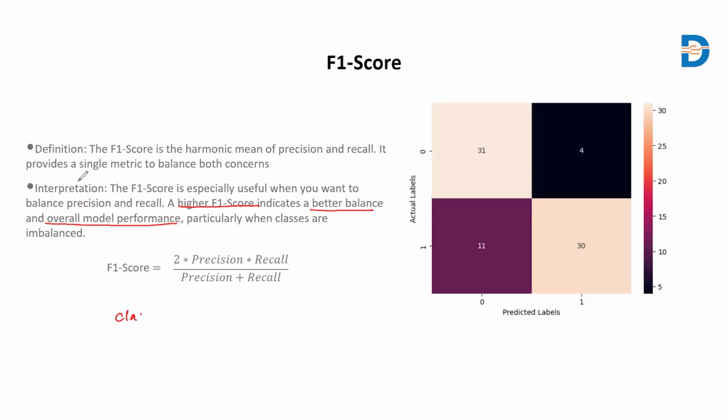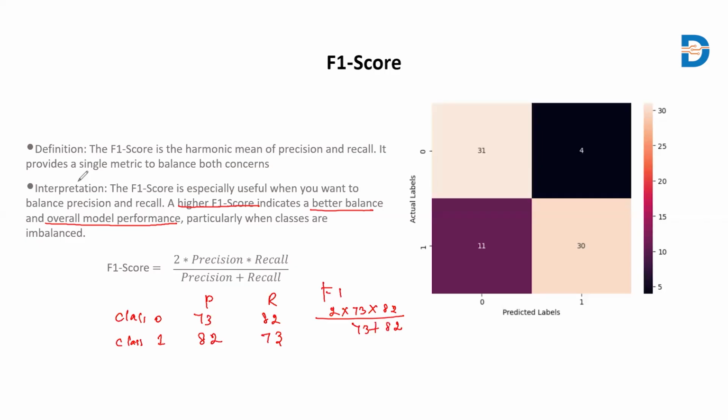For example, we have 2 classes here. We have calculated precision and recall in the previous slides. Let's assume these are the values. F1 score will be 2 times 73 into 82 divided by 73 plus 82.